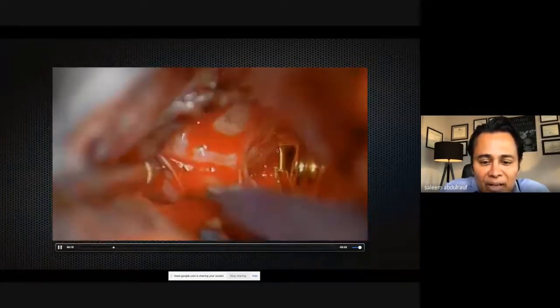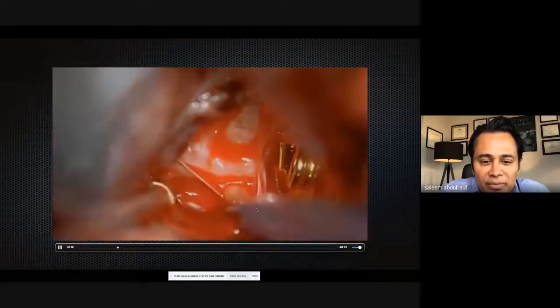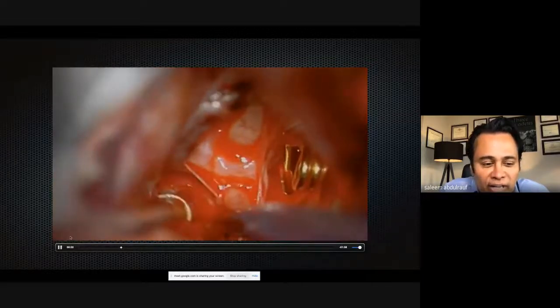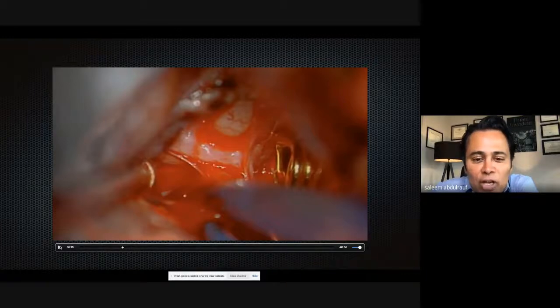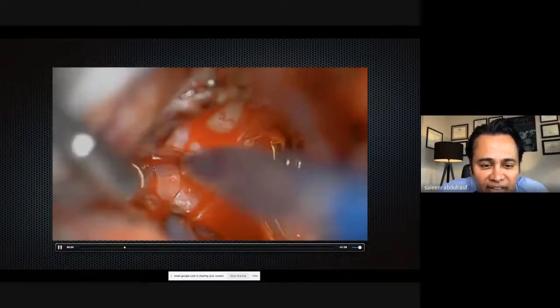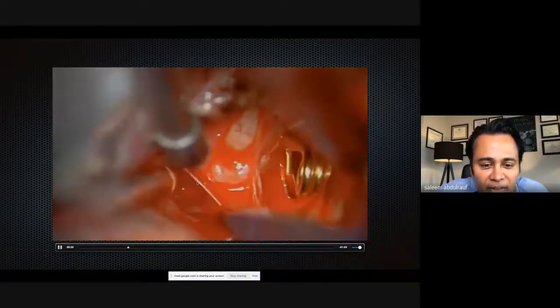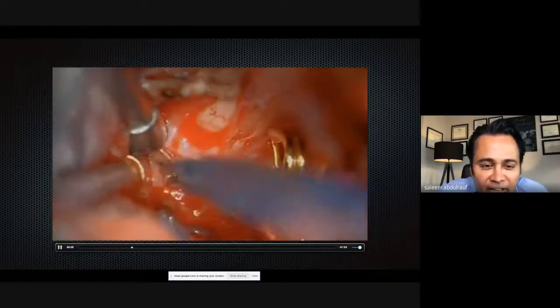This is a temporary clip here. What do you do if the aneurysm ruptures while the patient is awake? You see, I'm handling it right there. That's the aneurysm, and that's a hole in the aneurysm right there.